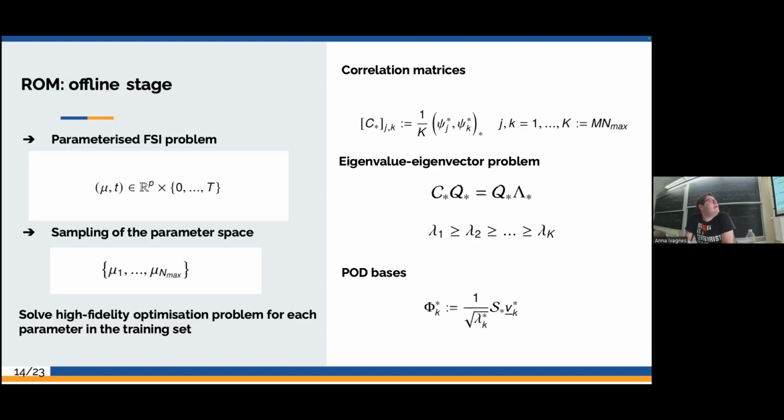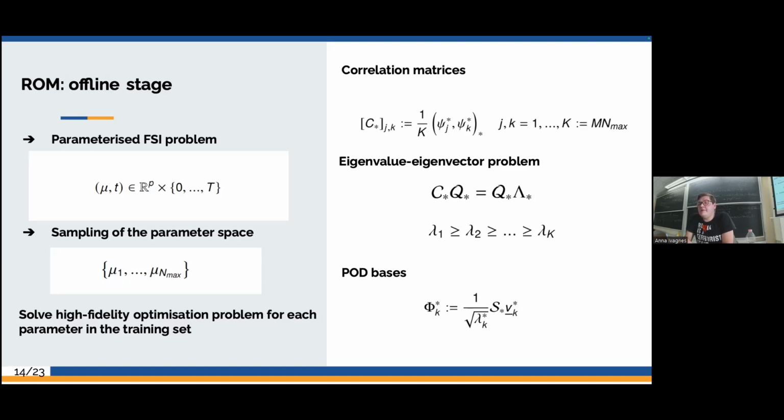And then for each of the correlation matrices, we define an eigenvector problem of the following form, where Q is the eigenvector matrix, and lambda star is a diagonal matrix which contains all the eigenvalues in decreasing order.